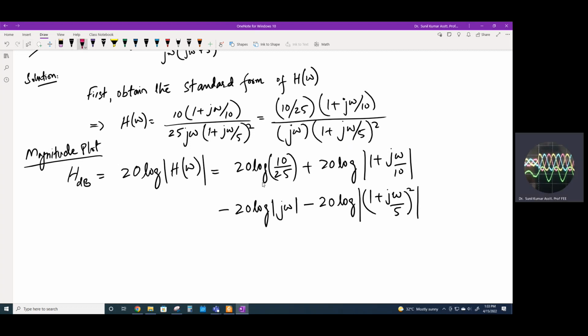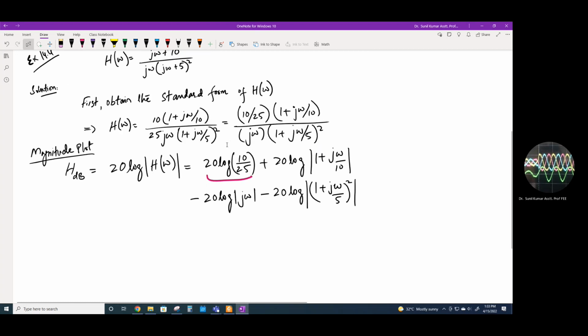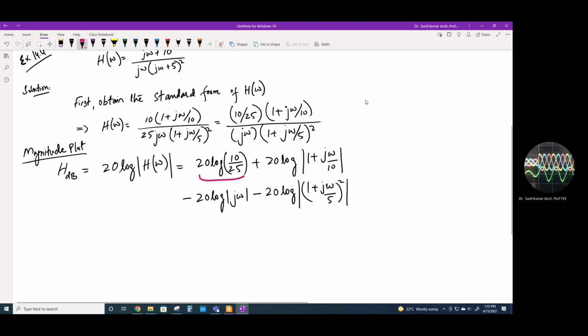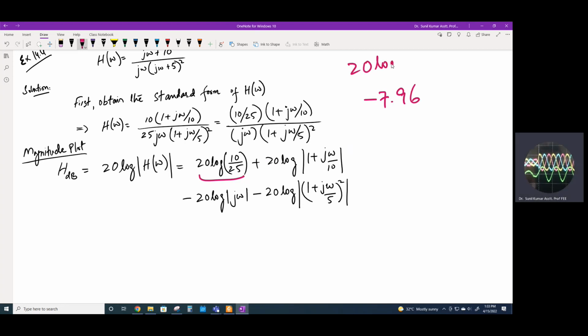So this value is coming out to be minus 7.96, that is 20 log of 10 over 25, or it can be approximated to minus 8 dBs.